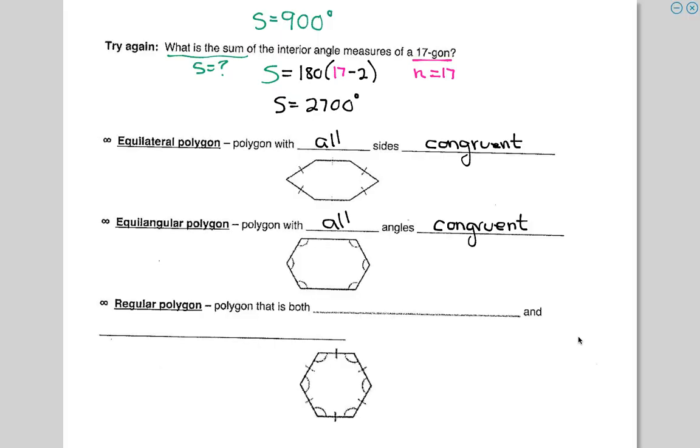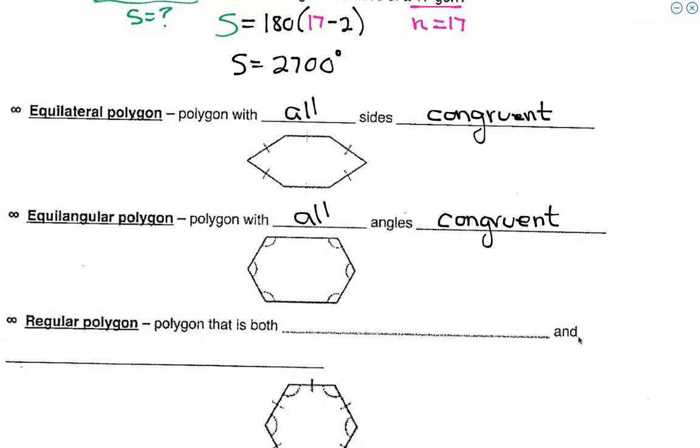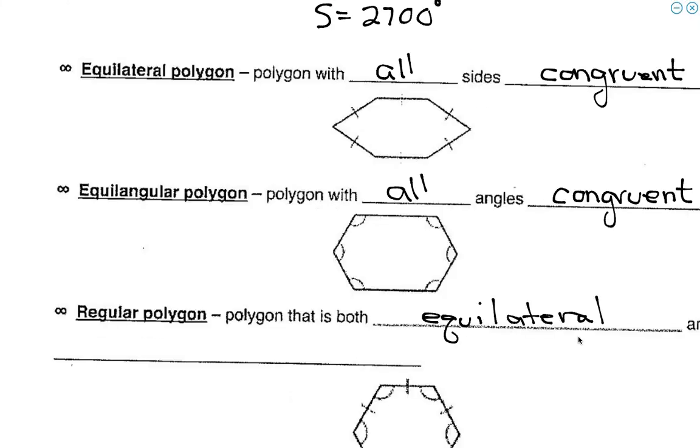And then a regular polygon is a combination of both. It's a polygon that is both equilateral and equiangular.